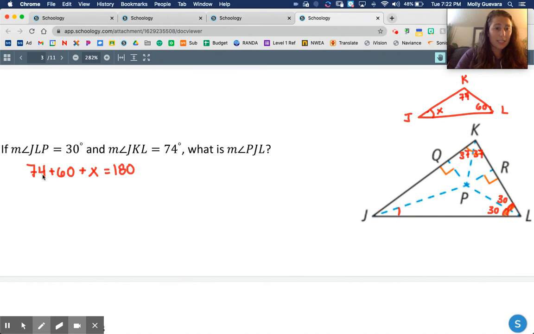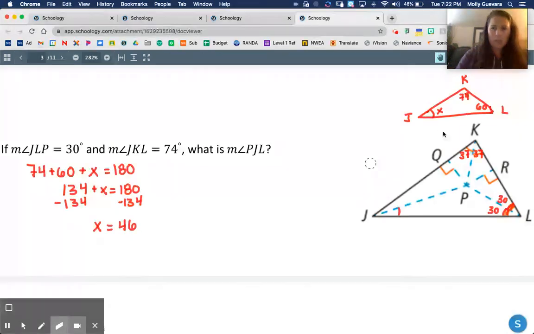Okay, 60 and 60, 120, 134. So this is 134 plus X equals 180. Subtract 134 from both sides. And I get X is equal to 46. So right here, angle J is 46 degrees.